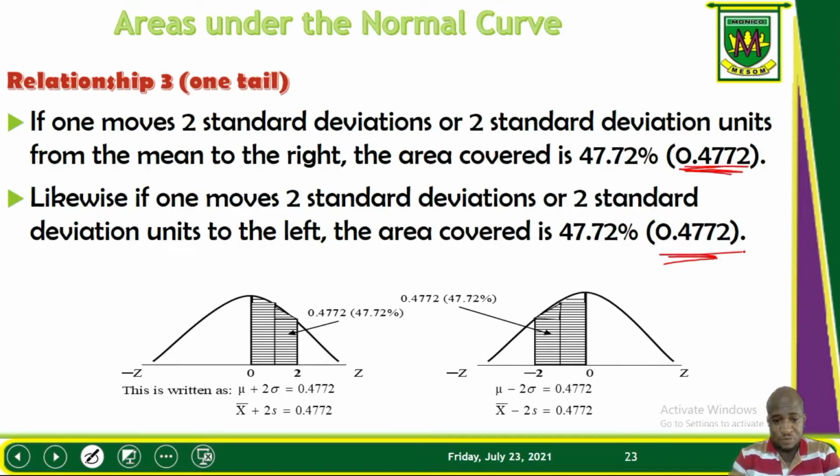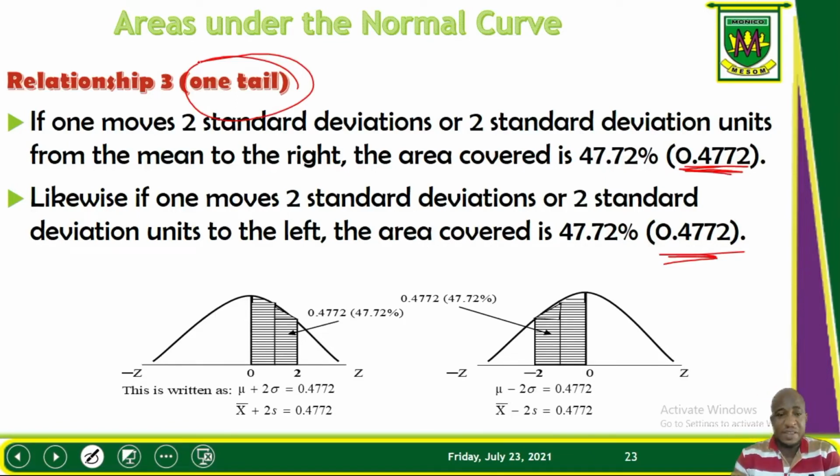So let's take notes. If you are moving 2 standard deviation units, and since it is one-tailed, remember I've already said that you have to check from the table. Anytime it is one-tailed, we check from the table. And when the standard deviation units we are moving have 1 decimal place or 2 decimal places, you will be able to get them directly on the table.